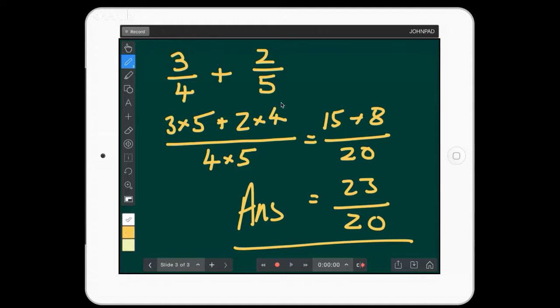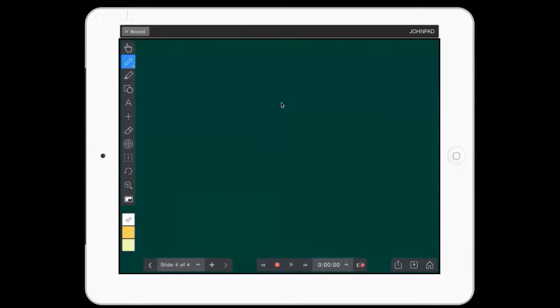But I think a lot of people find this puzzling. Why does it work? And it's something we learn to do without necessarily understanding why it works. So why does it work? Well, it works because of multiplying by 1. If we look at it again, 3/4 plus 2/5.